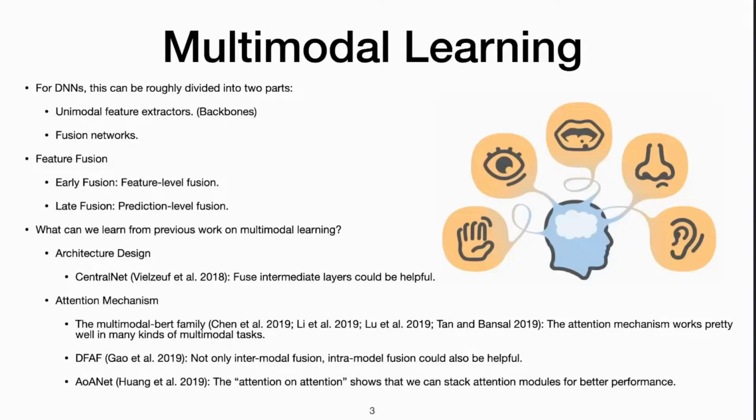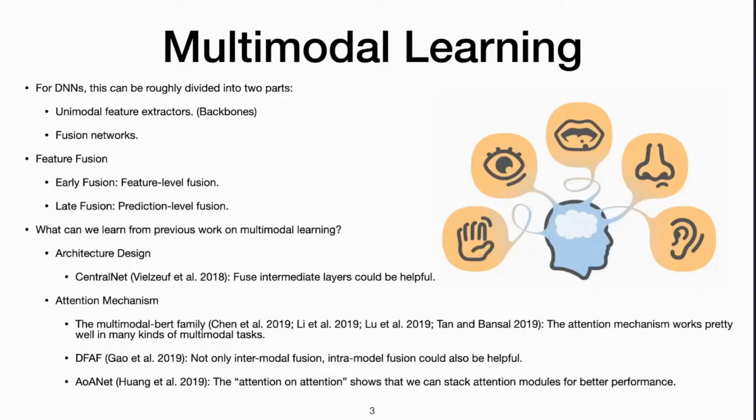And then you need a fusion network to join these features and to generate the logits for final classification or another type of task. Usually, there are two types of feature fusion: feature level fusion, which we call early fusion, and prediction level fusion, which we call late fusion.